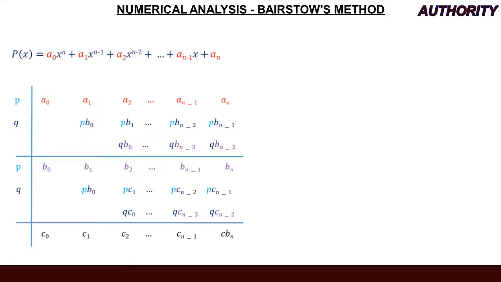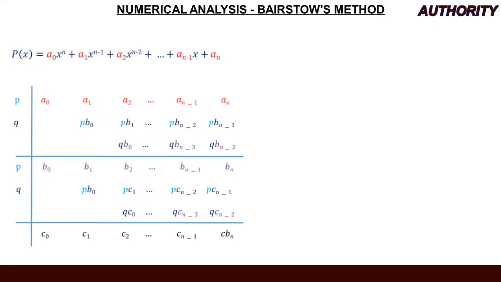Good. So here we bring it down, it becomes C naught, right? So when you say C naught multiplied by P, it's going to give you PC naught. When you add B1 plus PC naught, it should give you C1. This C1 multiplied by P is going to give you PC1. Let's step back to C naught. C naught multiplied by Q is going to give you QC naught.